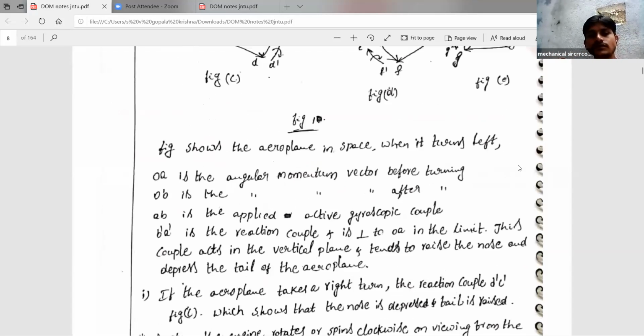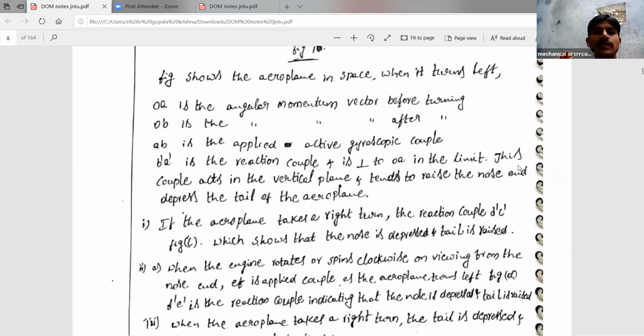So that is raise the nose and dip the tail. When we have unequal turning movements, it is rotating this side, and we may also take the same direction. So then raise the nose and dip the tail.